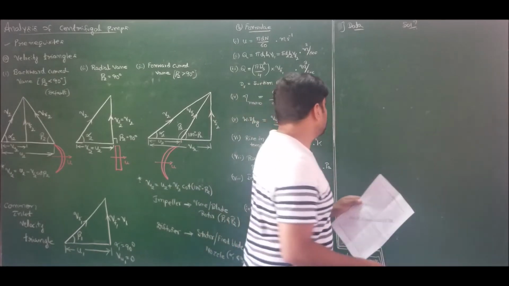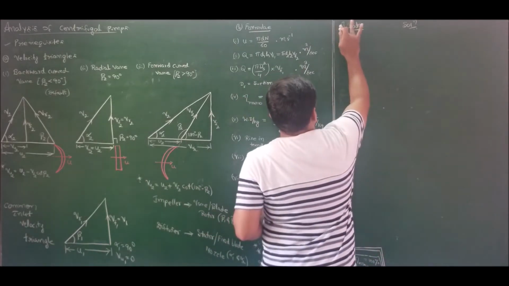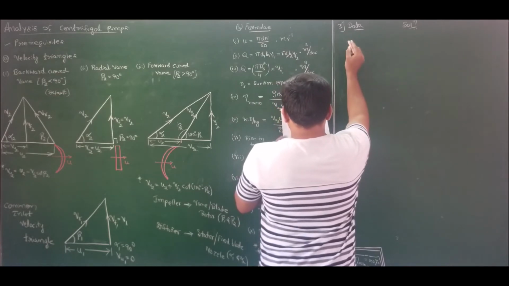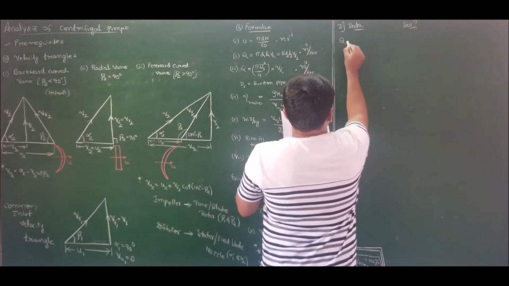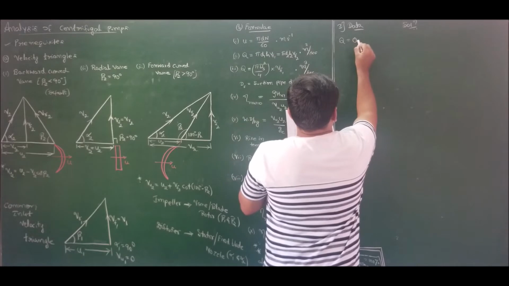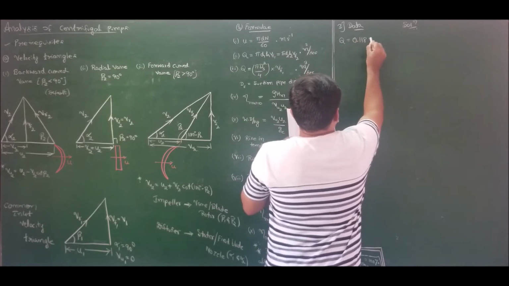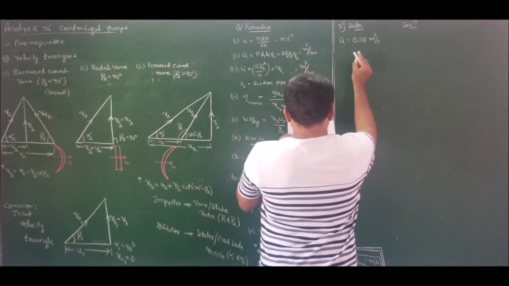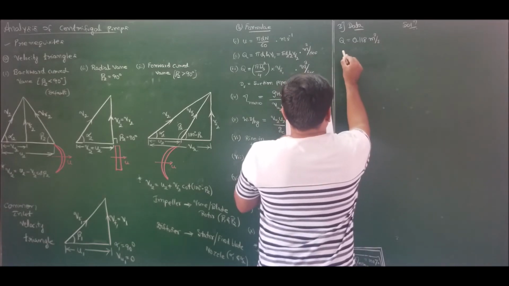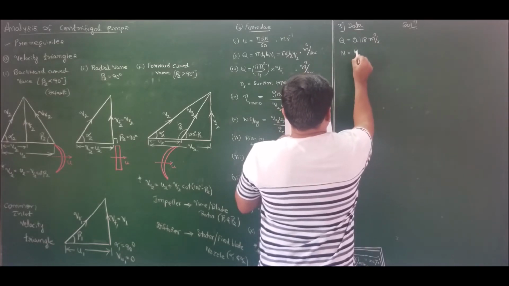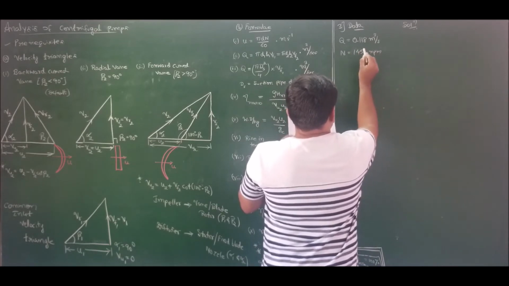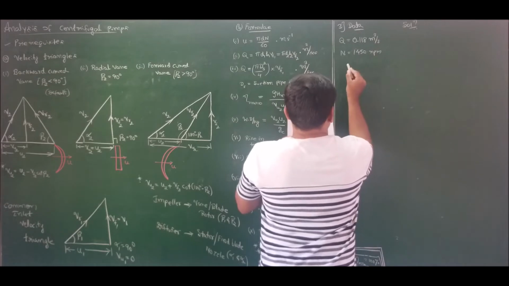If we list out the data given for problem number 3, we have a centrifugal pump to discharge, Q is given, which is equal to 0.118 meter cube per second of water at a speed of RPM specified as 1450, against a head.